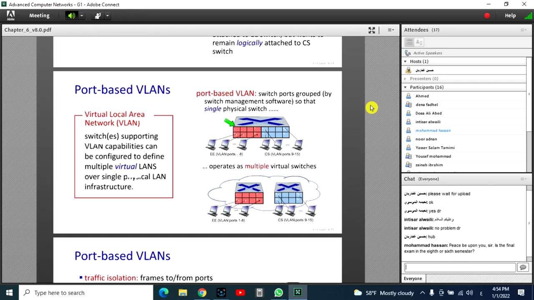If you configure switches, for example Cisco switches, you can see that you must enable VLAN, define a VLAN, and then assign different port numbers of the switch to that VLAN.